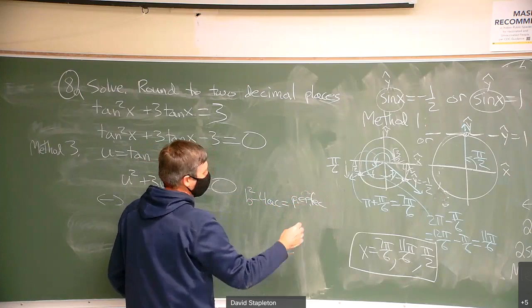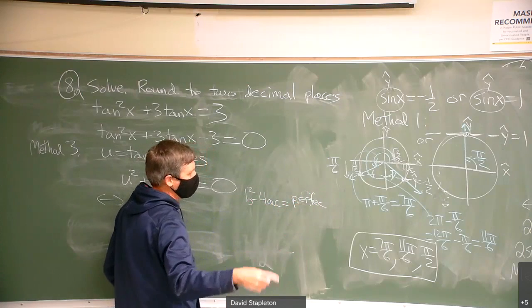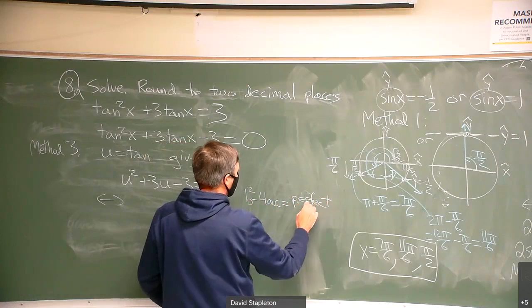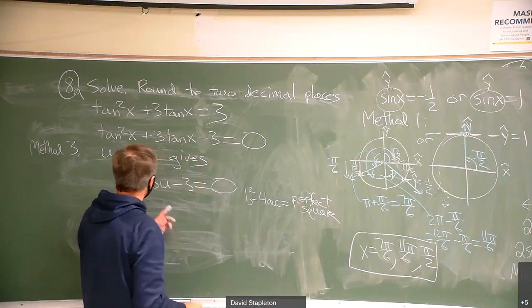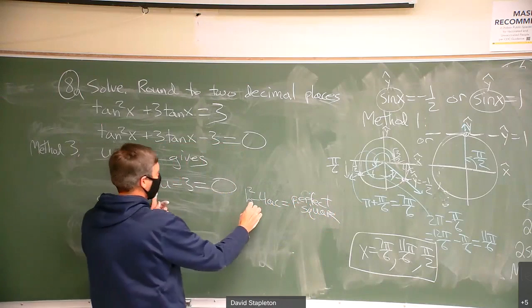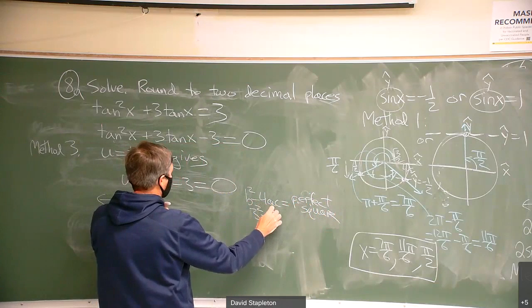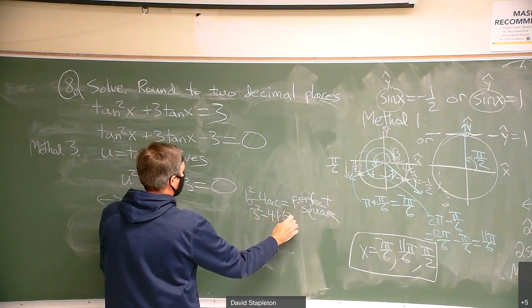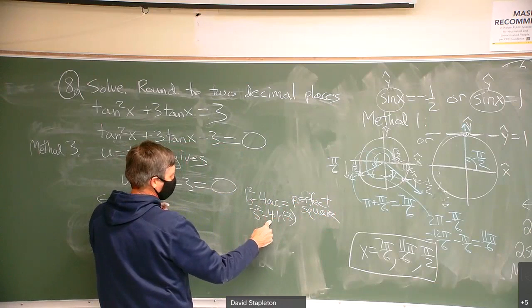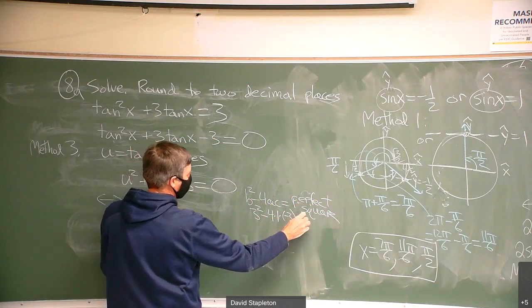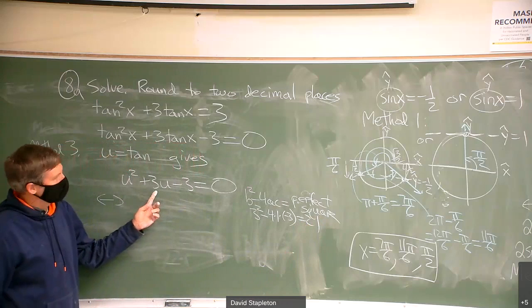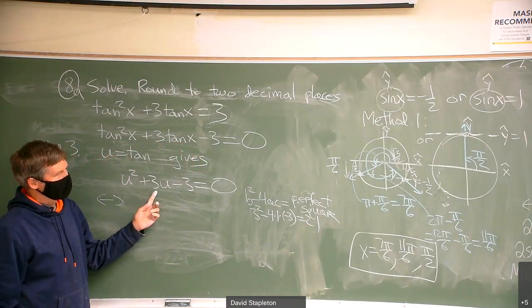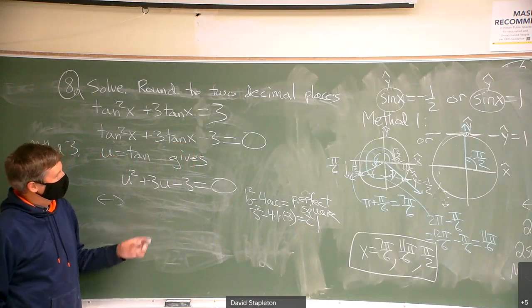So if I get 1, 4, 9, 16, 25, 36, a square, then I'll be able to guess what goes in the blank. So you can figure b squared minus 4ac ahead of time. 3 squared minus 4 times 1 times minus 3: 9 plus 12 is 21. That's not a square. Therefore, there's no sense trying to guess what goes in the blanks. It's going to have nasty square roots or imaginary numbers.